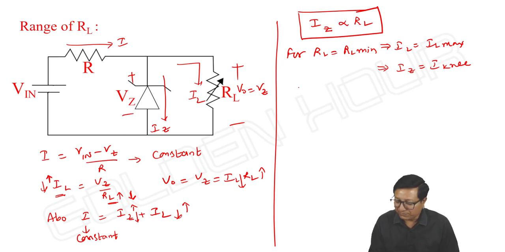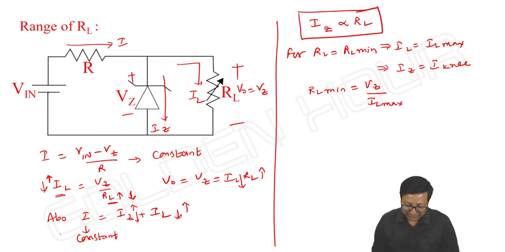So from this what I can write is, anyway RL minimum is equal to VZ by IL maximum.